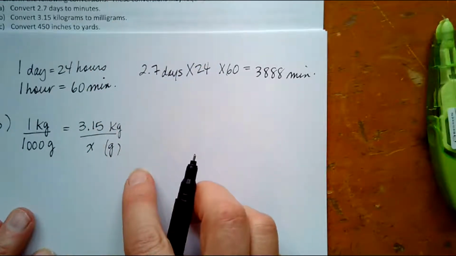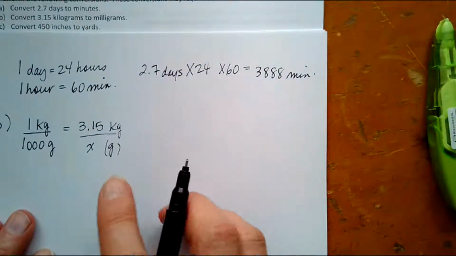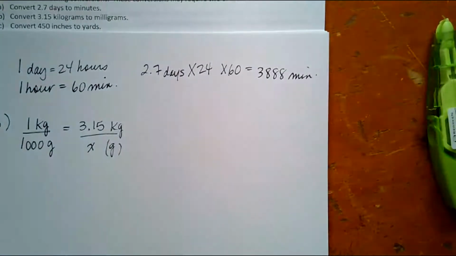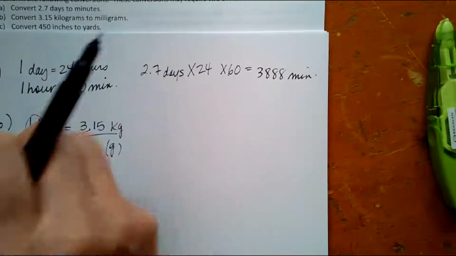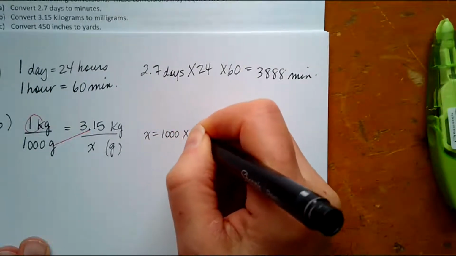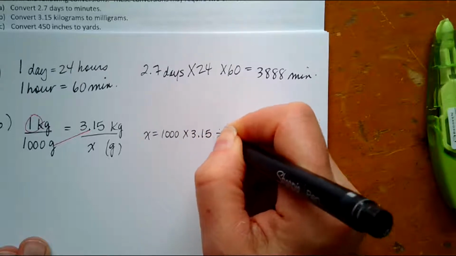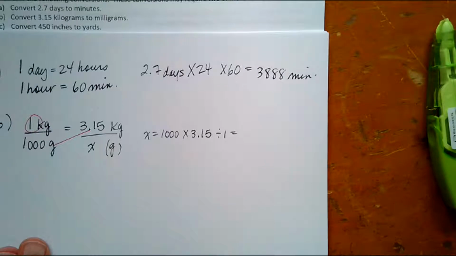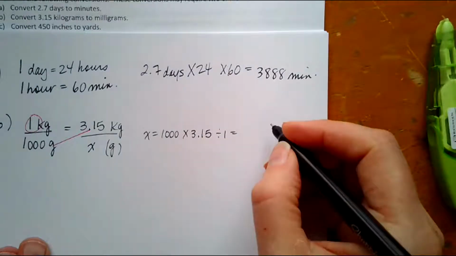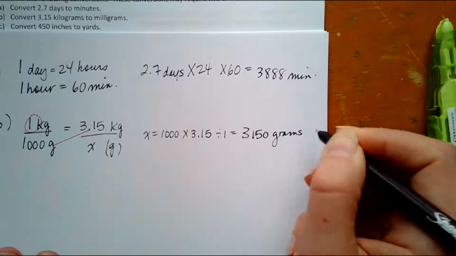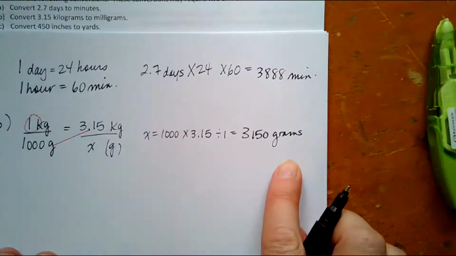If I'm doing the proportion method, I have to do 2 steps because they're on page 4. This is how they're linked, right? So I'm going to do it like I did on the examples. So first of all, X equals 1,000 times 3.15 divided by 1. So that's going to equal 3,150 grams.